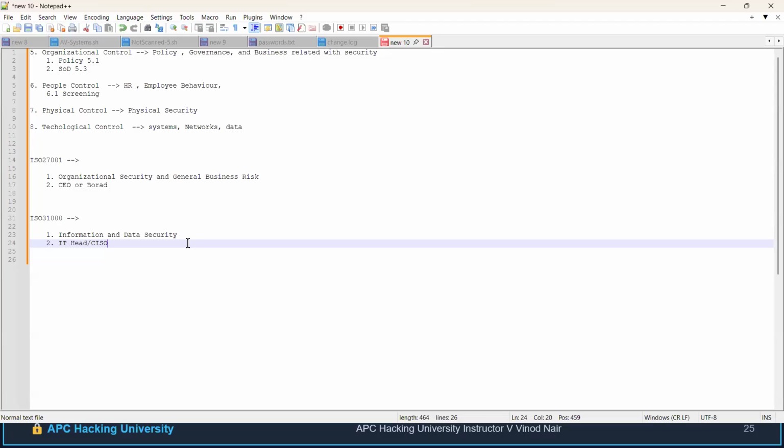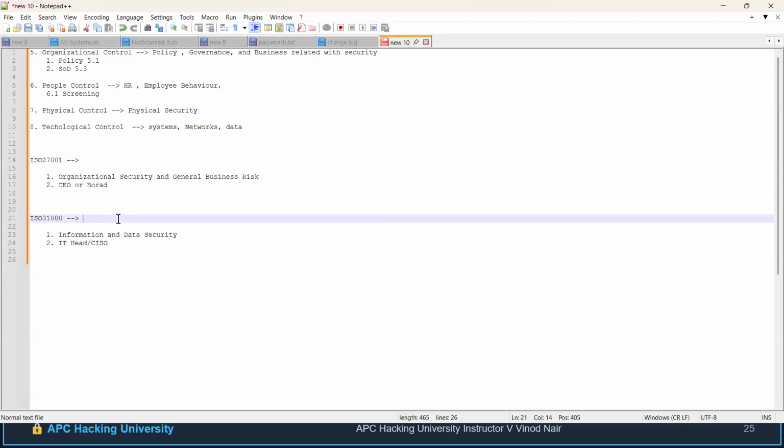So ISO 31000 will talk more about the uncertainty of objects. This is the technical term. Instead of a lengthy conversation, you can say ISO 31000 will talk about the uncertainty of any objects.